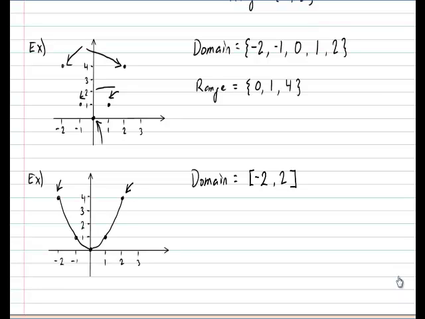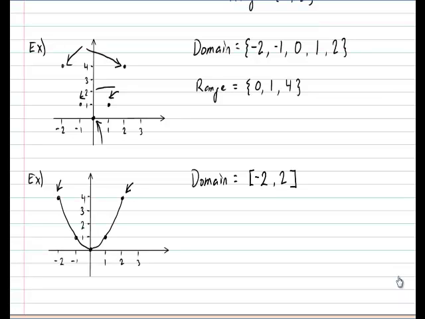Very interesting. You see the difference between this graph and the previous graph. The previous graph did not have all the points connected. So the x values had gaps in there. It was not one continuous range. But the moment you connect them with points, you have one continuous range.